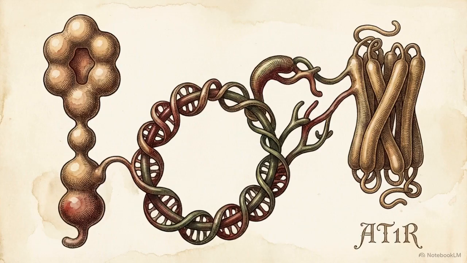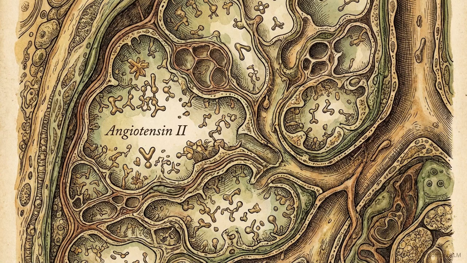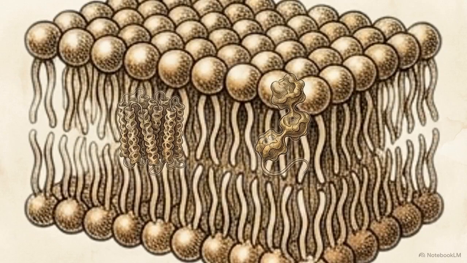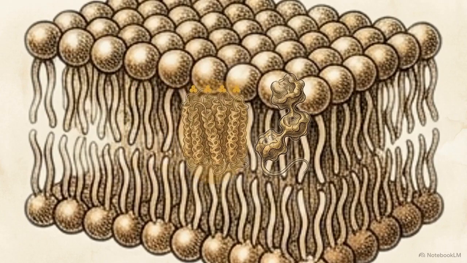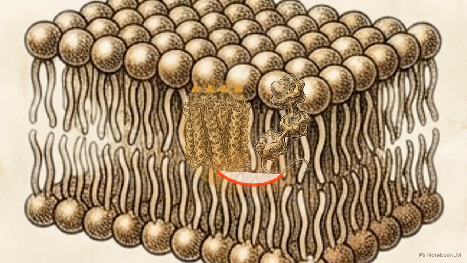RAGE also engages in a secondary mechanism of transactivation through the AT1R receptor. SARS-CoV-2 infection downregulates the ACE2 receptor, causing severe accumulations of angiotensin II in the surrounding lung tissue. This accumulated angiotensin II binds to AT1R, which then forms a heteromeric complex with the cytoplasmic tail of RAGE. This forces RAGE to fire continuously, even in the absence of its primary ligands.